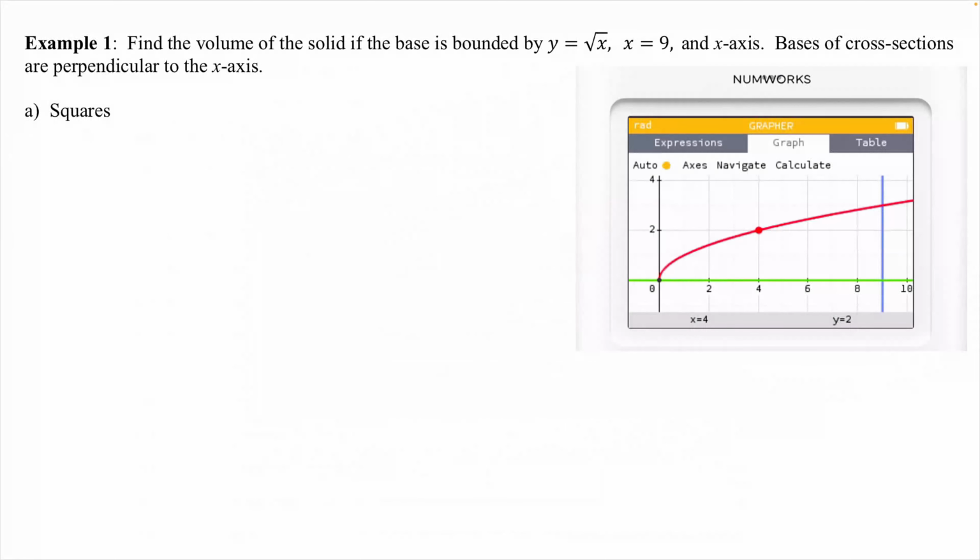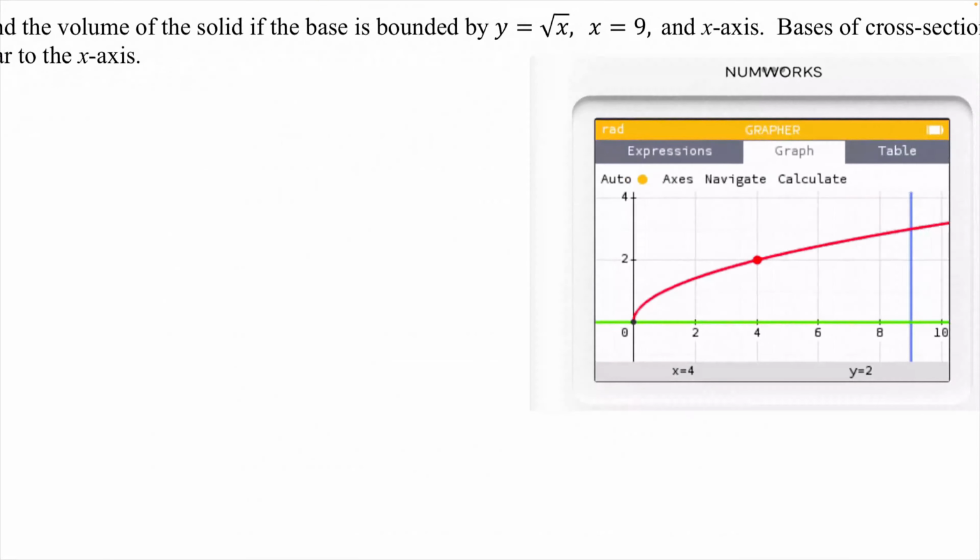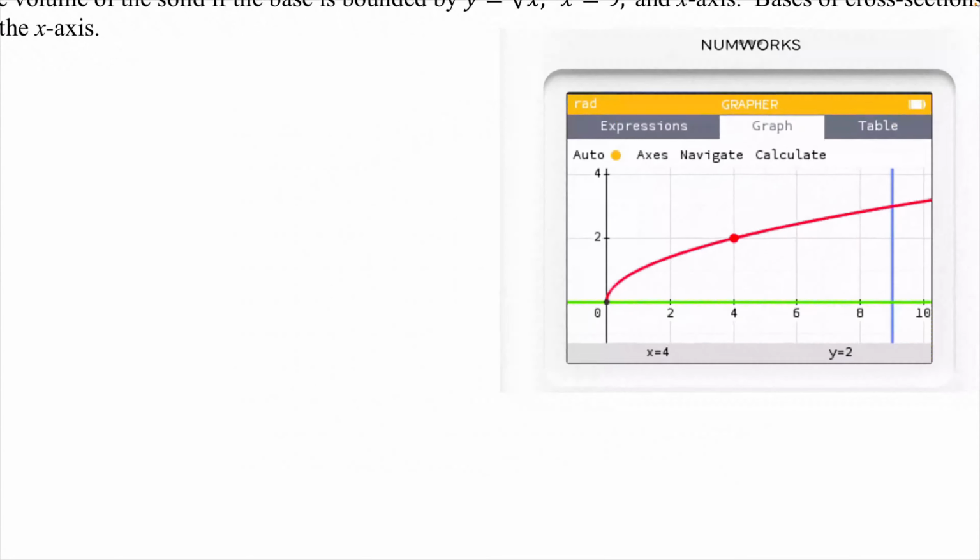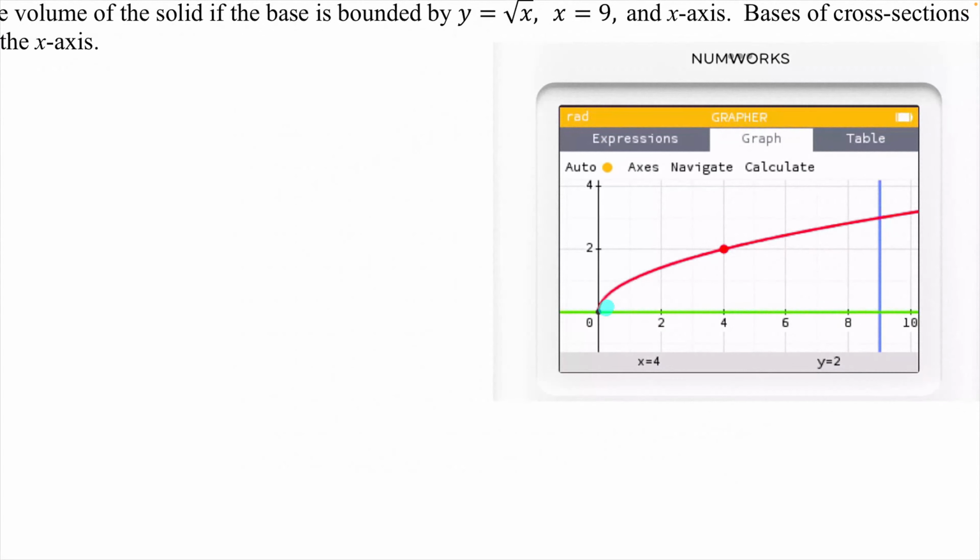So, again, bounded, so we're going to shade. Anytime it says bounded, that's the part you're going to shade. So the bounded area looks like it is here. Here's where it's different.